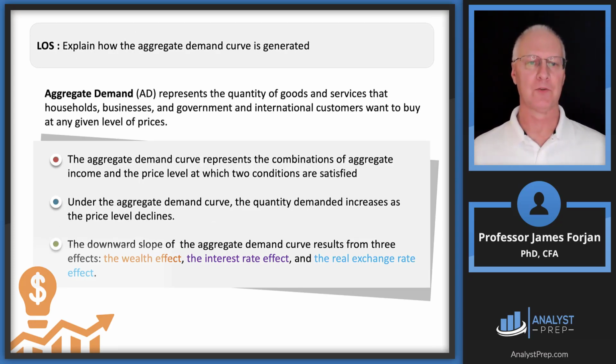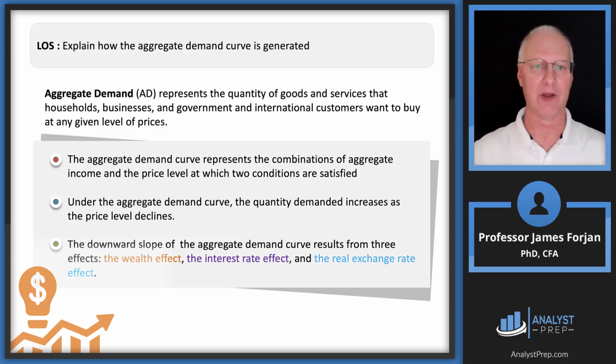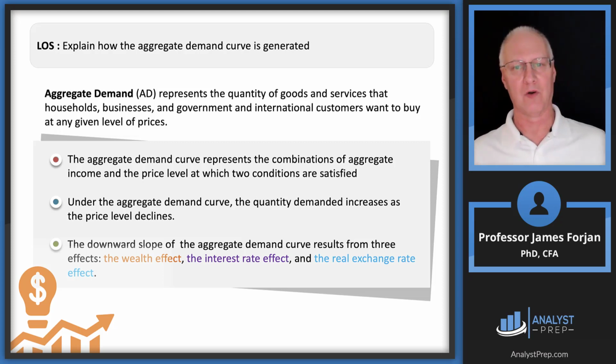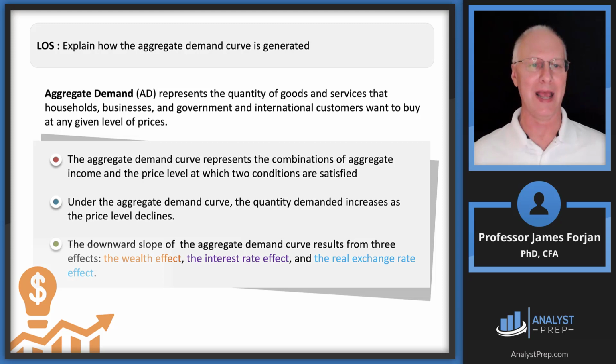All right, let's switch and go back to my Honeycrisp apple example. So I'm the apple farmer, and I have my unique supply and demand curve for my backyard. But now we need to consider everything that's out there. Aggregate demand represents the quantity of goods and services that households, businesses, and governments want to buy at any given level of prices.